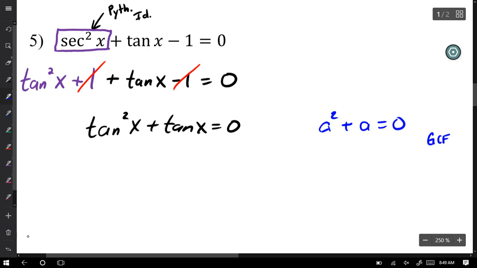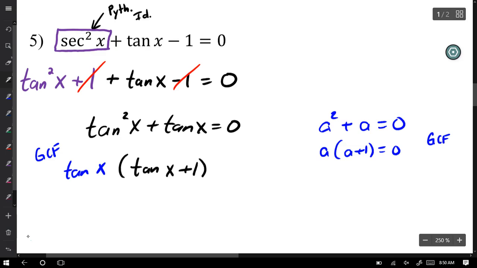They have an a in common, so I take out an a, and I'd be left with a plus 1. And it's the same with tangent squared of x plus tangent of x equals 0. They have a GCF in common. They have a tangent of x in common. And if I factor that out, I get tangent of x times tangent of x plus 1 equals 0.